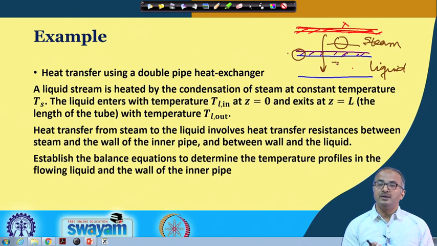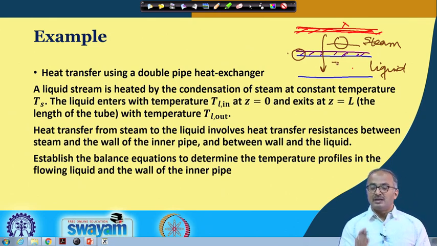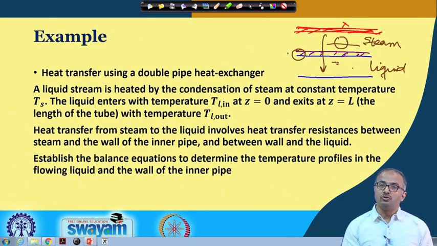Many times we assume that the thermal conductivity of the solid is quite high, so that within the wall of the tube there would not be any resistance due to conduction. What it means is that within the wall of the tube there will not be any temperature gradient. The wall temperature will be constant throughout the thickness of the wall, and this kind of assumption does not incorporate much error in the final result.